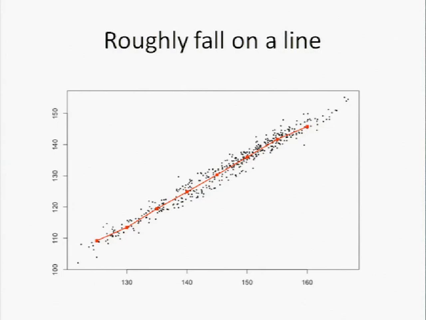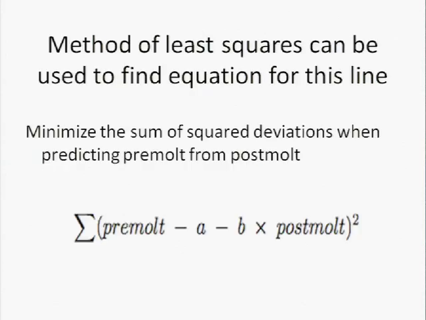Okay? And the criteria that we're going to use is this one. We're going to use a calculus way to describe this. We're going to try to minimize the sum of the deviation squared. That's what we're trying to do.